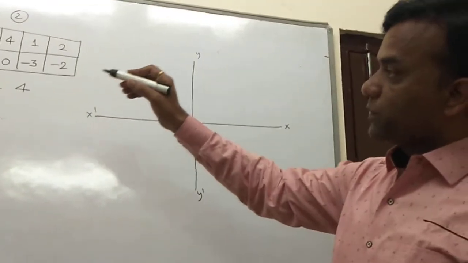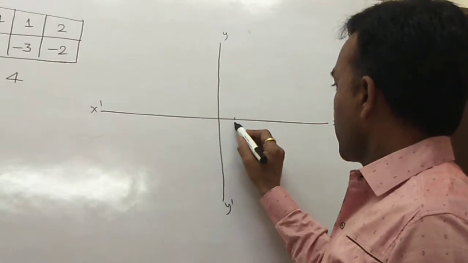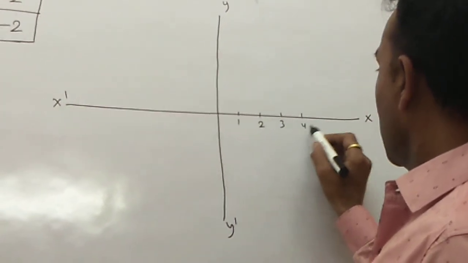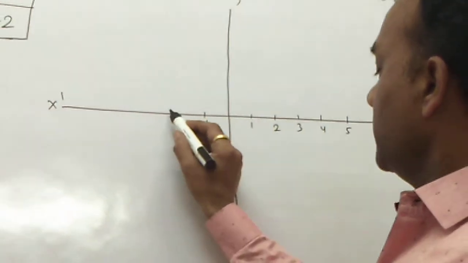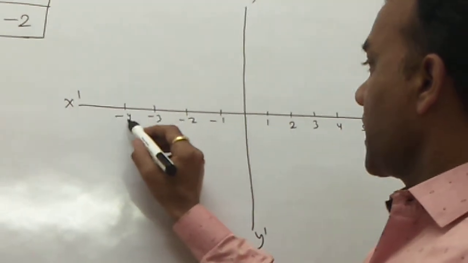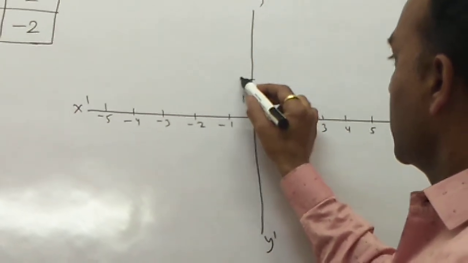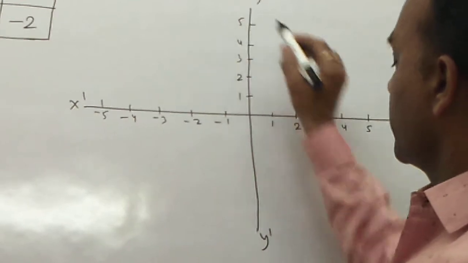How many highest points are there? 3 and here 4. So you denote the points like 1, 2, 3, 4 and 5 here. Similarly, minus 2, minus 3, minus 4 and minus 5. Similarly, you have 1, 2, 4 and 5.